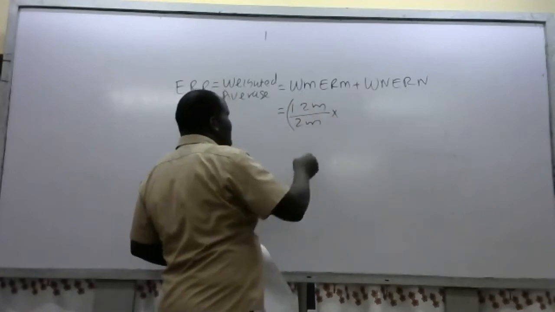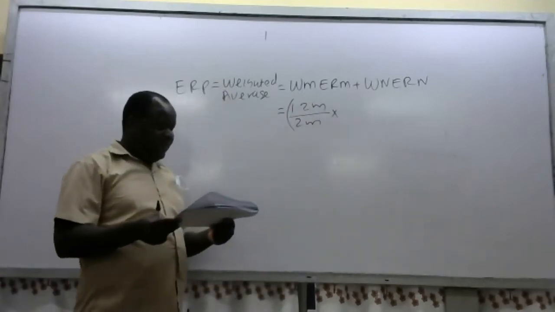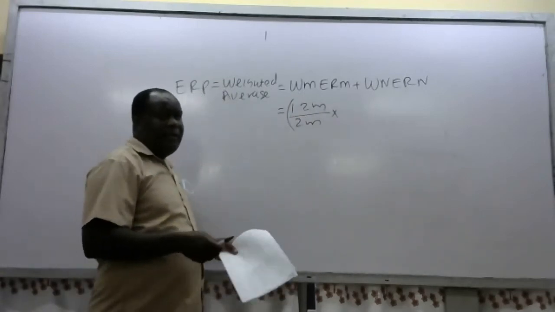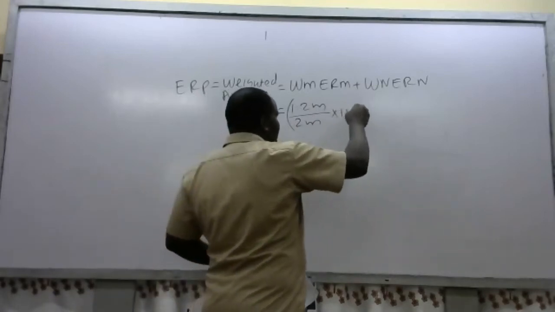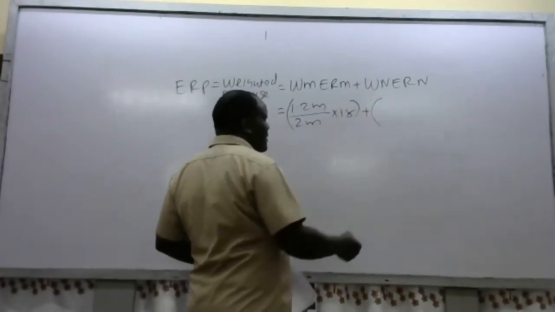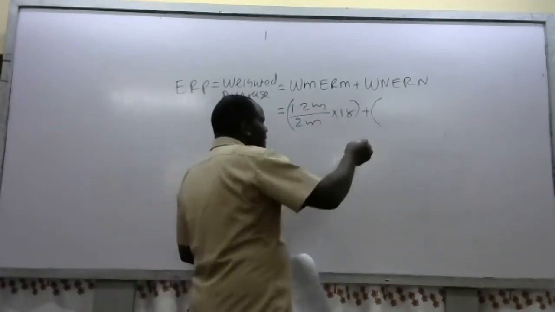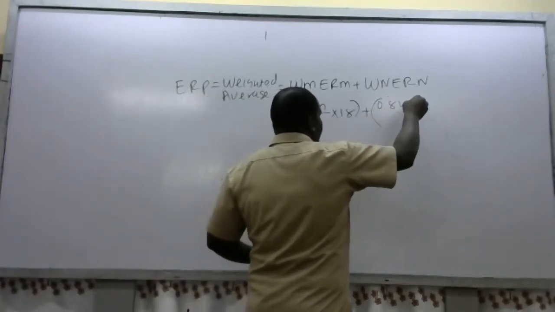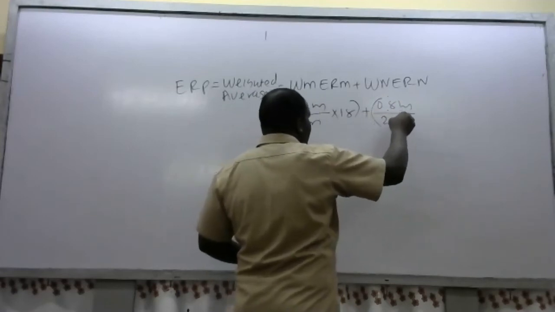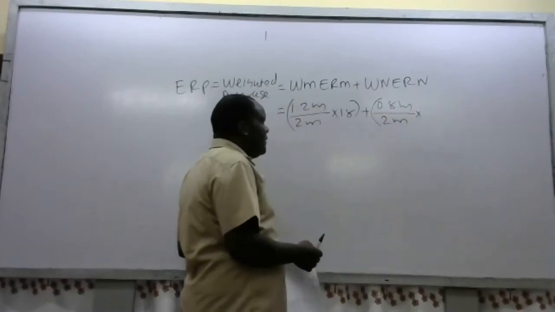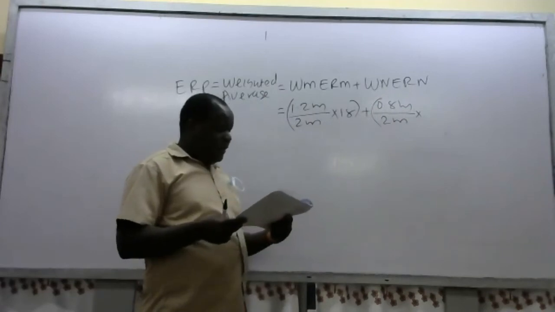So expected return for M had been given as 18. Then we add the other one, which is 0.8 million. We also divide by 2 million.